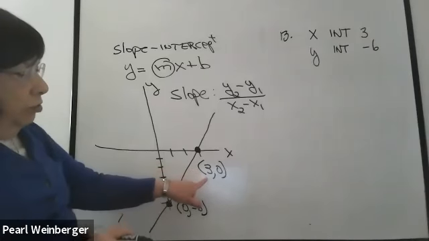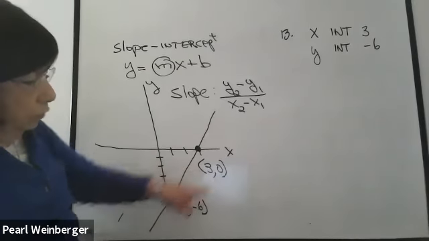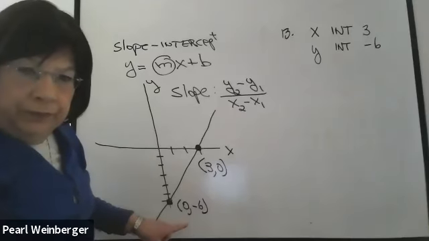It's y2 minus y1 over x2 minus x1. Okay. What did you call the 3, 0? Which one was the x1, y1? Which one was the x2, y2?